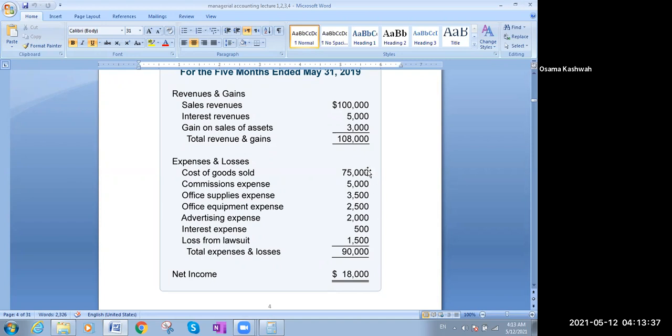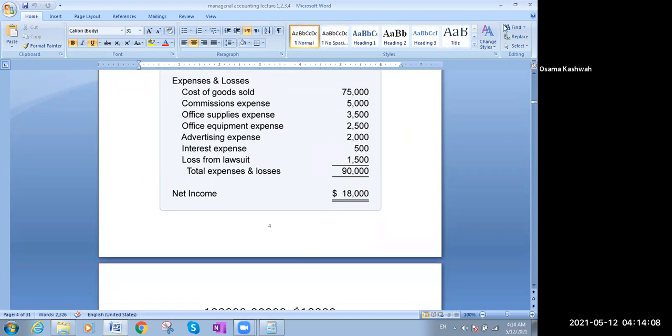Simply, if your earnings are 108,000 and your expenses are 90,000, then you earn a net income. Your net income will be 18,000, which is the gap between your earnings of 108,000 and your expenses of 90,000. In business, we call this 18,000 net income, net profit. If it was in minus, it would be net losses.